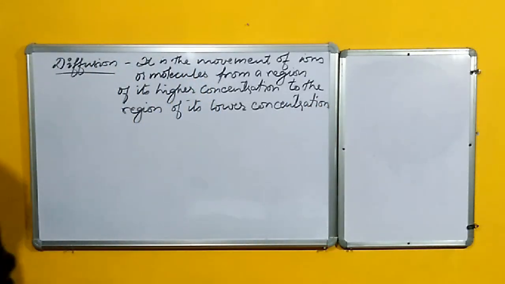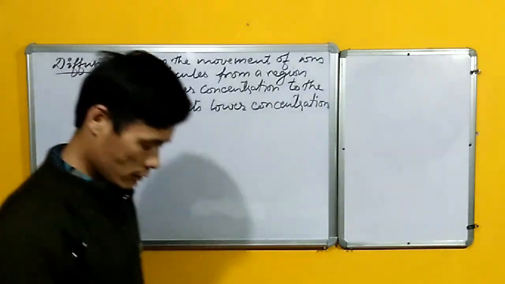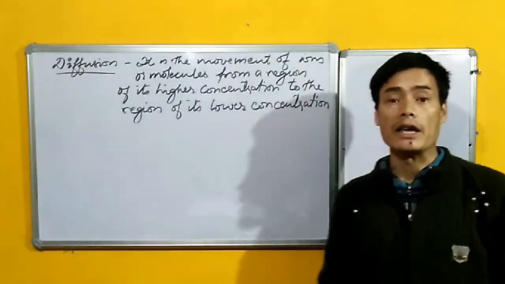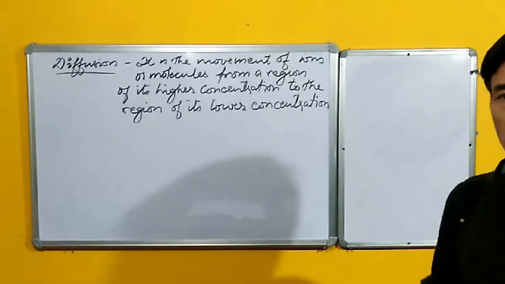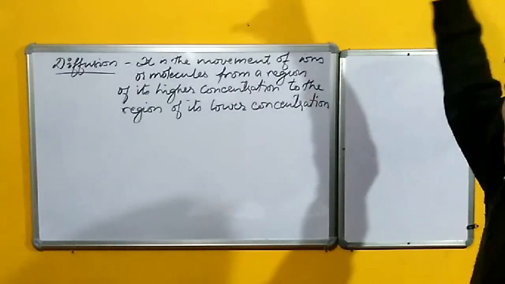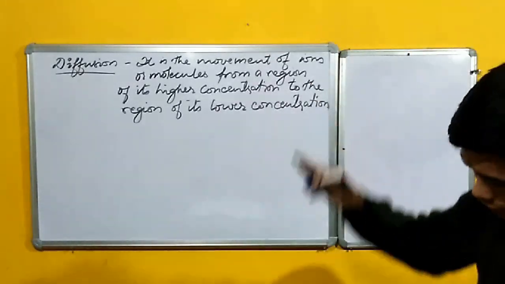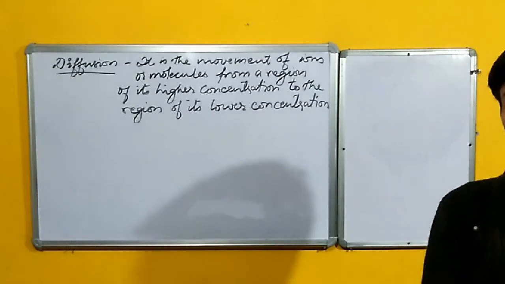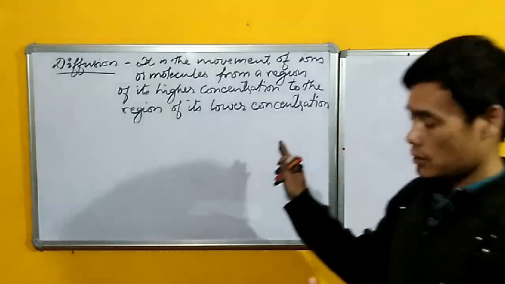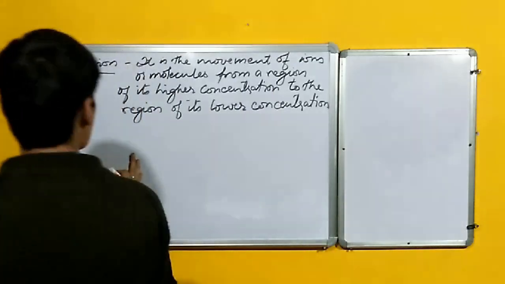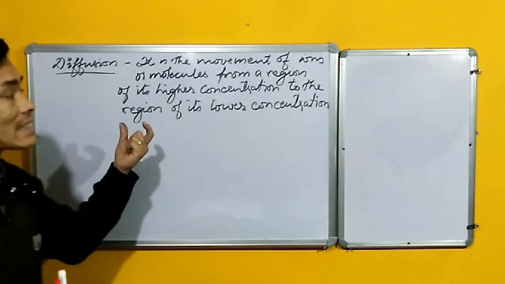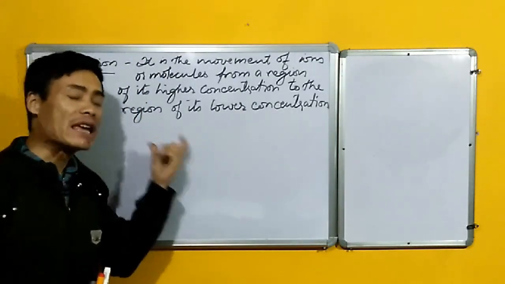It means movement of molecules or ions through a medium from a region of its higher concentration to the region of its lower concentration. And this process does not require a semi-permeable membrane.